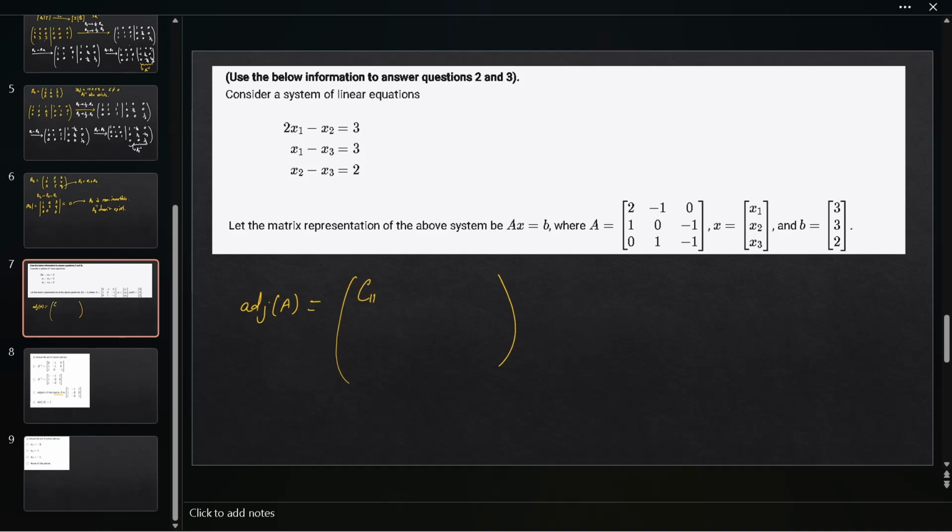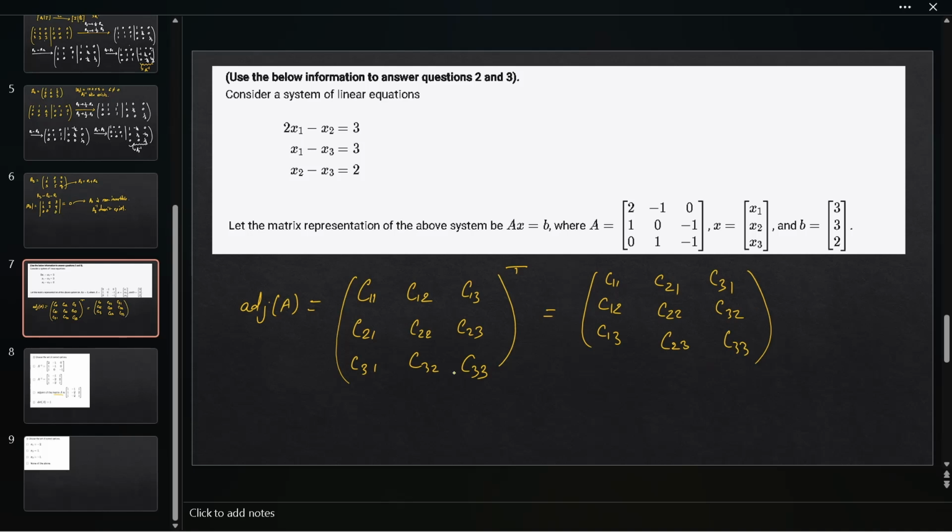That means if you have C11, C12, C13, C21, C22, C23, and C31, C32, C33 as your cofactor matrix, then the transpose of this matrix is going to give you the adjoint of A.